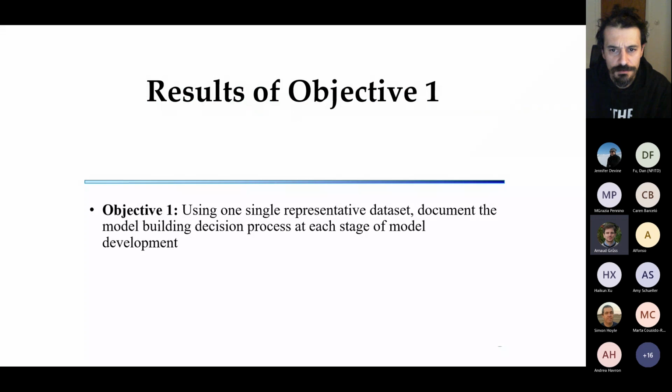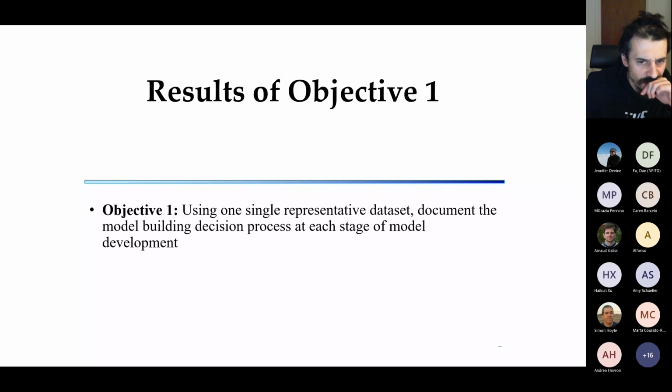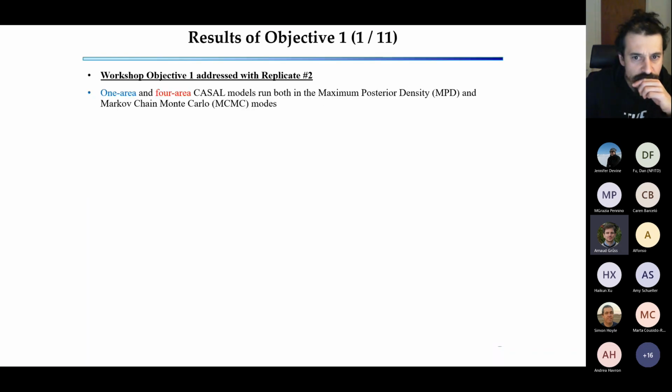So now I'm going to report the results that we got for workshop objective 1. In workshop objective 1, we consider only one of the replicates from the operating model. To address objective 1, we use replicate 2.